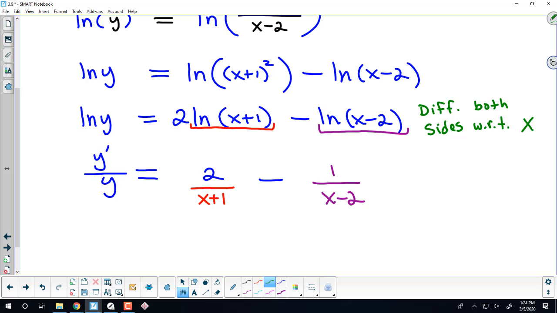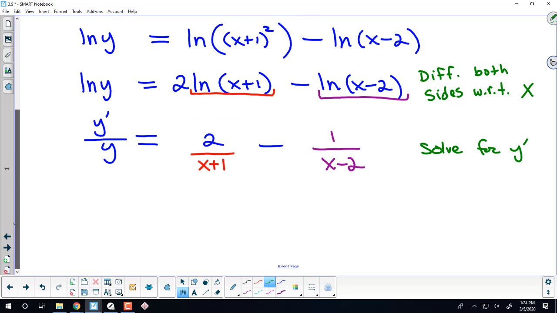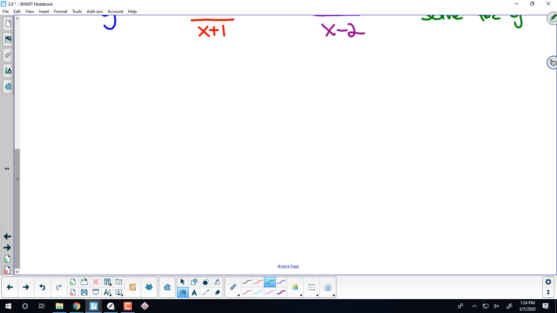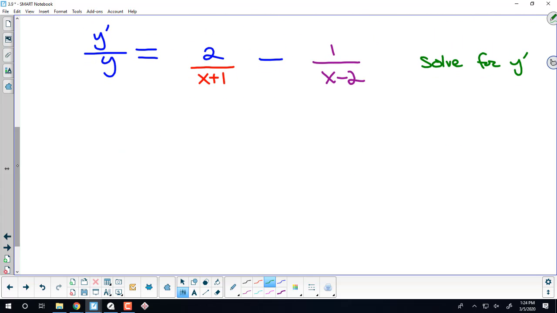Got to solve now for y prime. Which means we're going to multiply through by y and replace y with what it was originally. So we have y prime is y times all of this stuff.